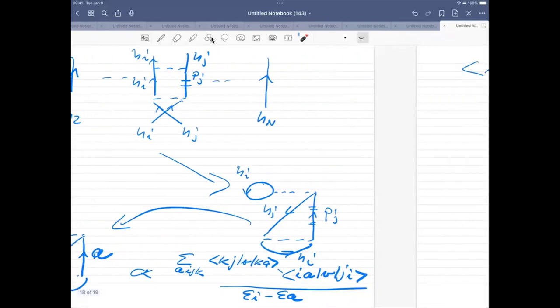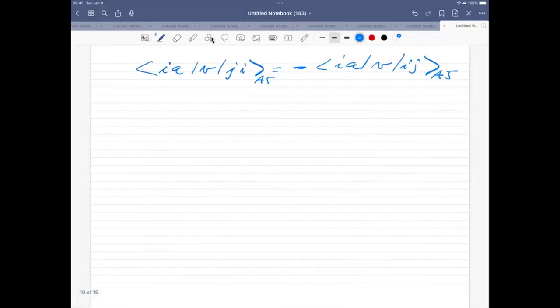So another diagram which we could make would be a diagram which looks like this. And then we would have the particle state here, and then we would have the whole state here, and then another whole state like this one. So then we would have an I here, an A, a J, and a K here.